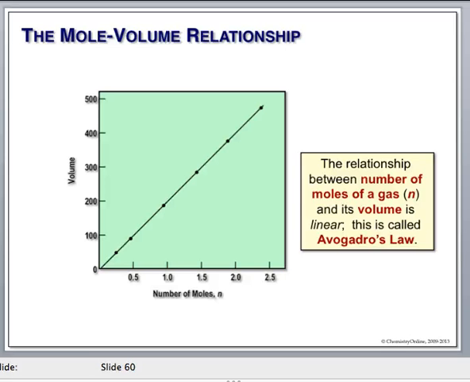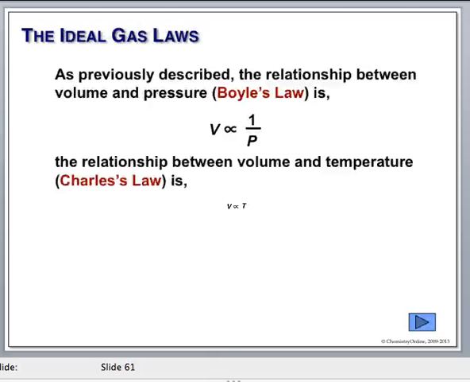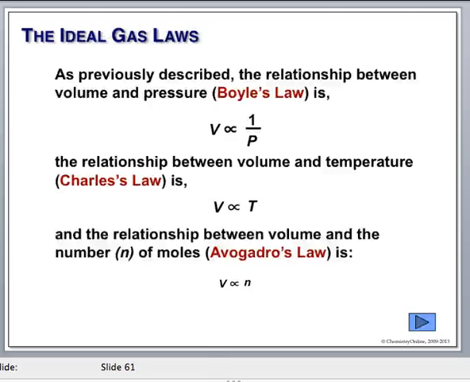All right. We have three things now. We did Boyle, where we said that volume was inversely proportional to pressure, right? We said we had Charles's, where the volume was directly proportional to temperature.